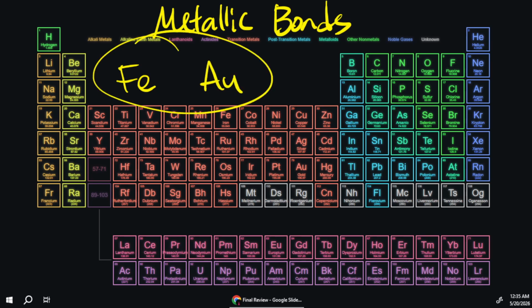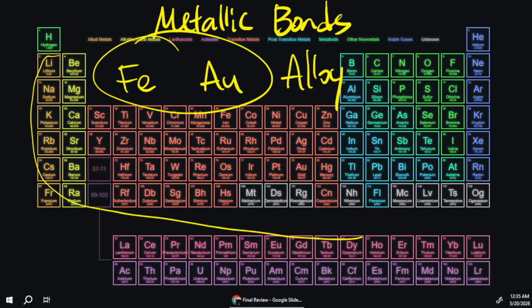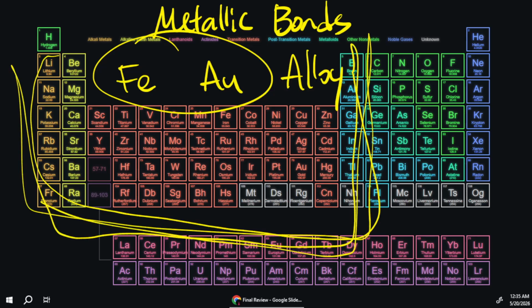If we mix them together, they become an alloy. So how exactly do they mix? Because remember all the elements over here have less than 3 valence electrons, so they prefer to lose their electrons than gaining their electrons.